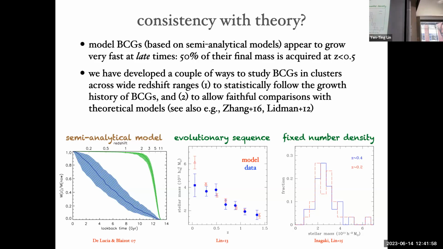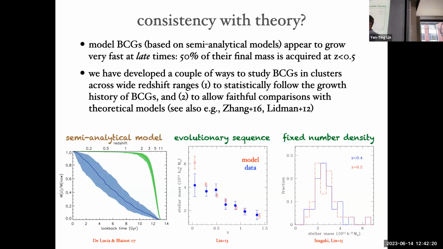So for models like this, by De Lucia and Blaizot, they predict substantial mass growth at later times. In this particular model, the BCGs typically acquire 50% of their final mass at redshift less than 0.5.